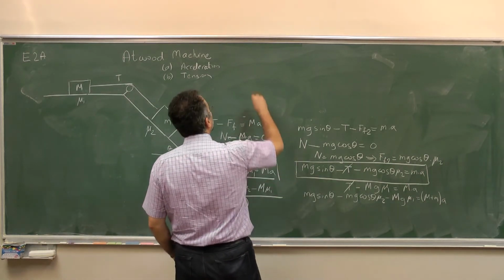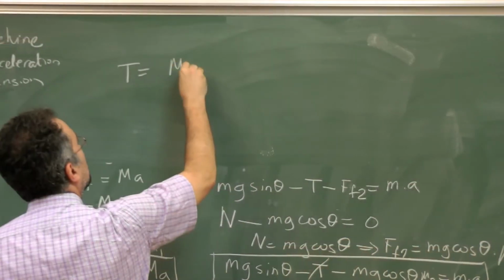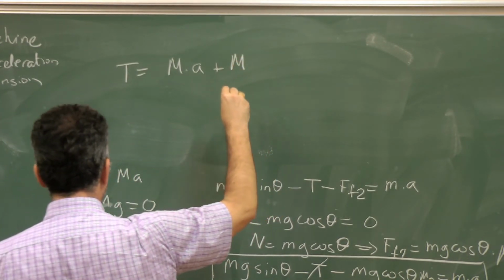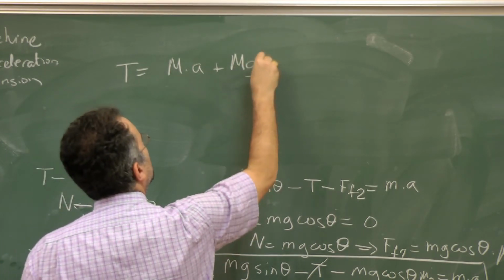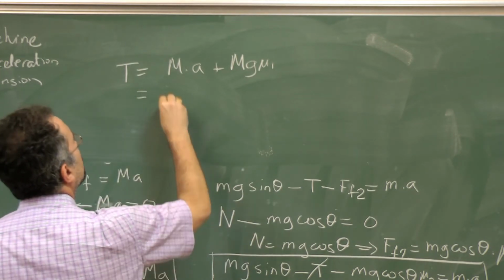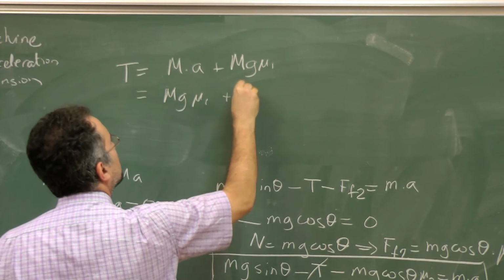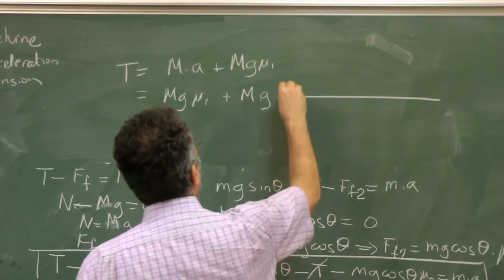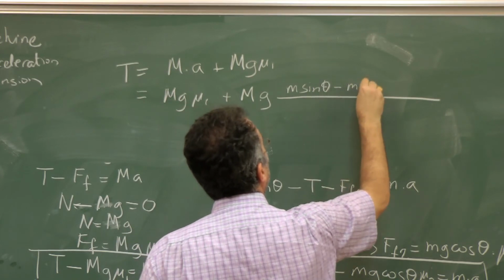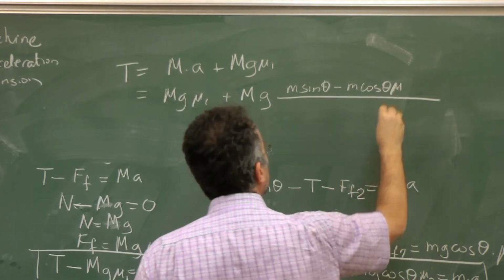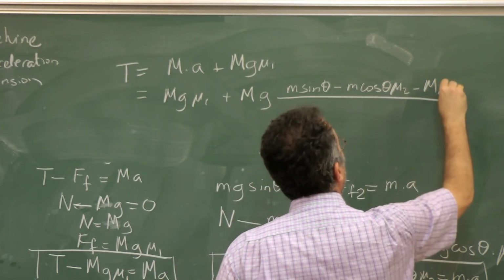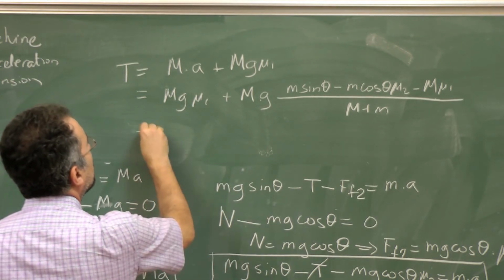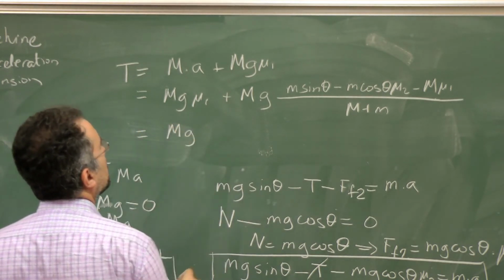So the tension is m times a plus capital M times g mu1, which is equal to mg mu1 plus capital M times g times this whole animal here, m sine theta minus m cosine theta mu2 minus capital M mu1 over capital M plus little m.